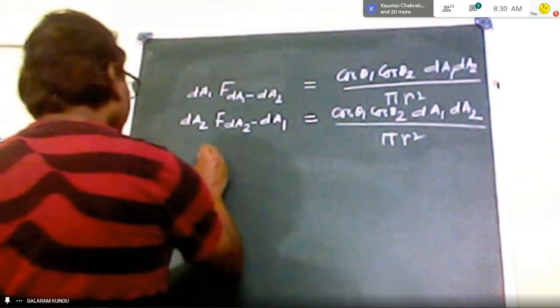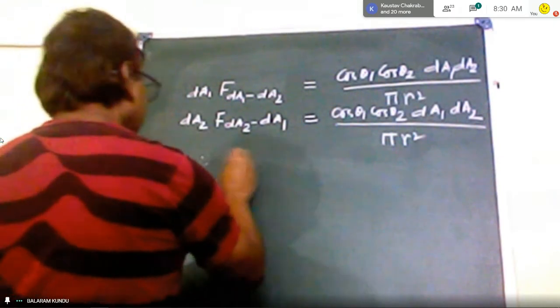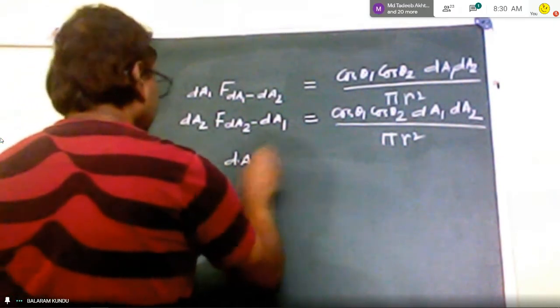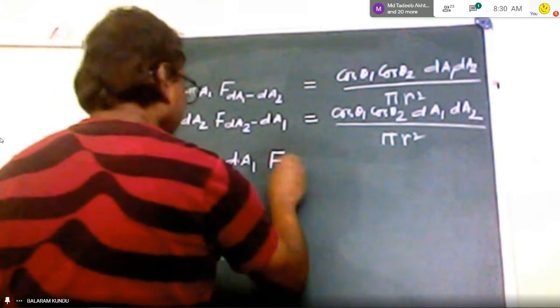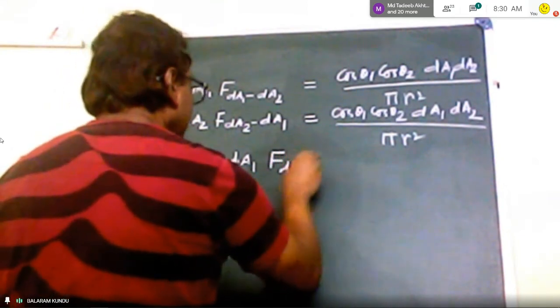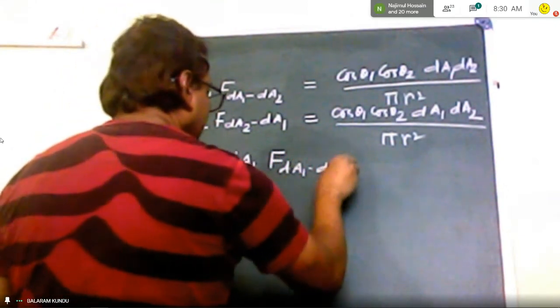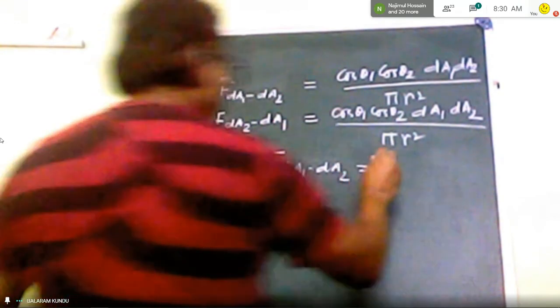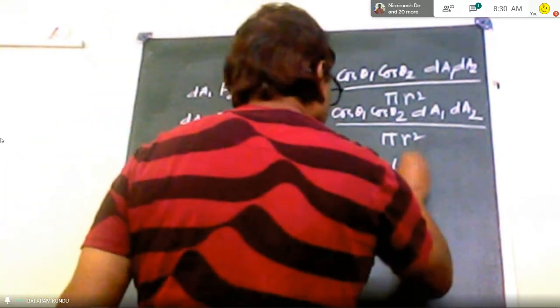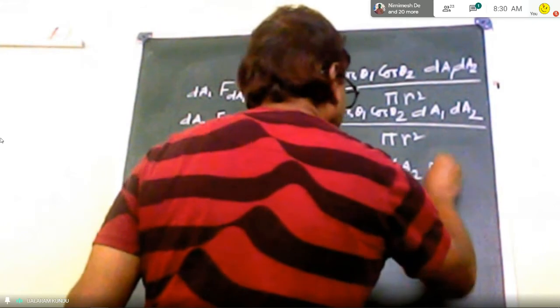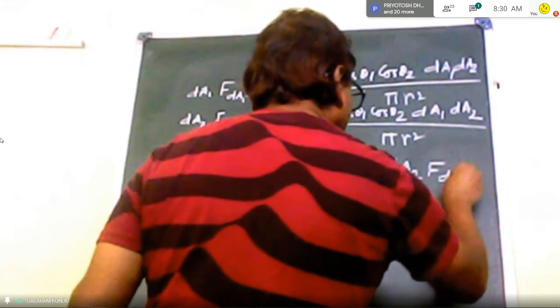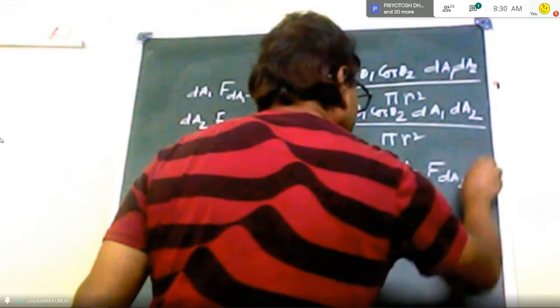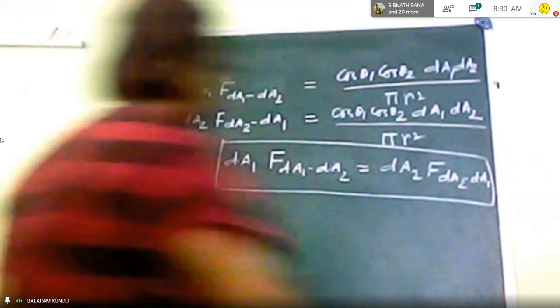That will be dA1 into shape factor from dA1 to dA2, which should be equal to dA2 into shape factor from dA2 to dA1. This relationship is called the reciprocity relationship of shape factor.